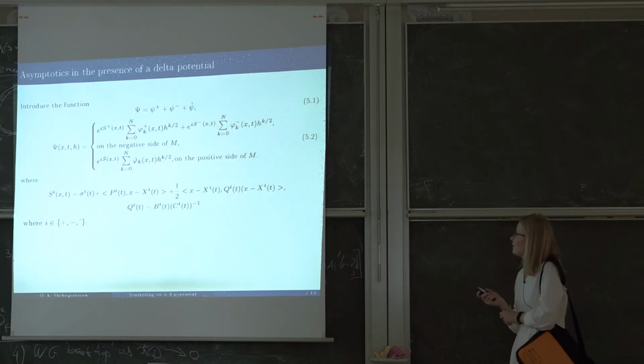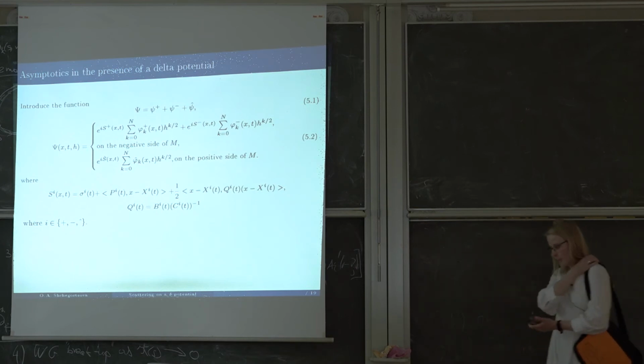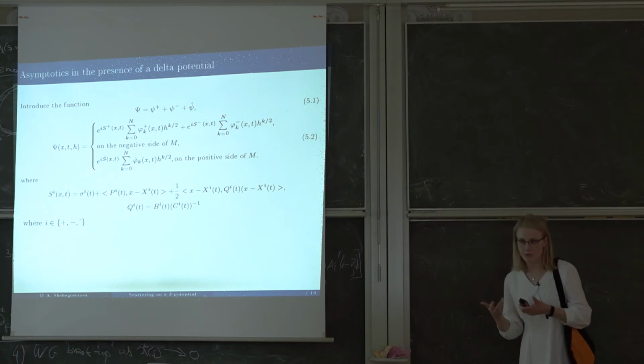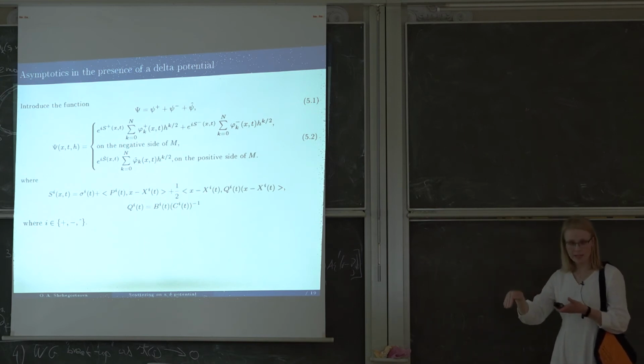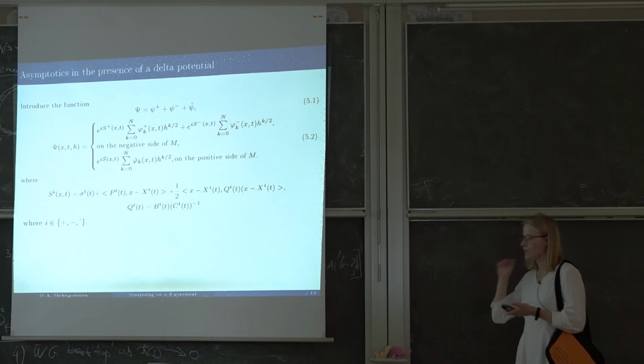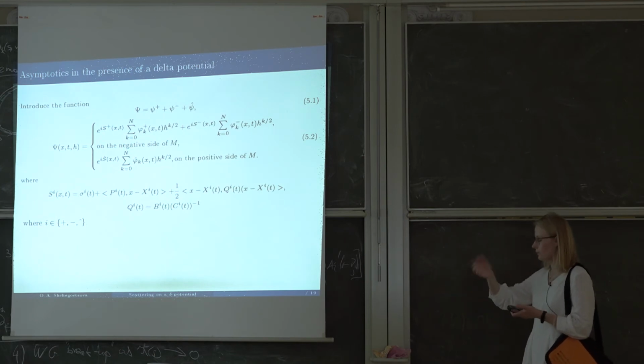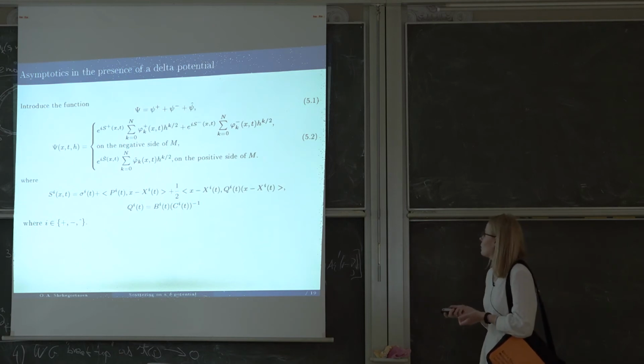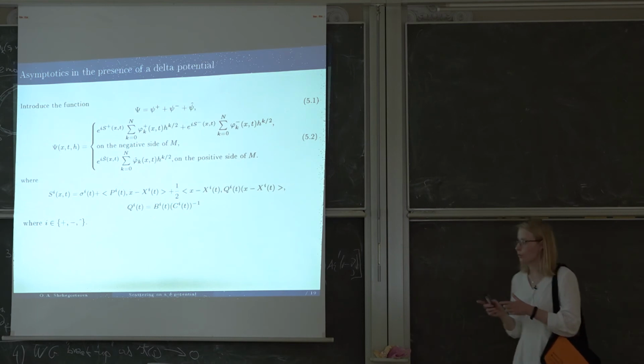Okay, then let's construct the solution in the case of a delta potential. In the case of a delta potential, we have three waves: the falling wave, the rejected wave, and the wave passing through the surface M. That's why we search for the solution in this form, in the form of three waves.